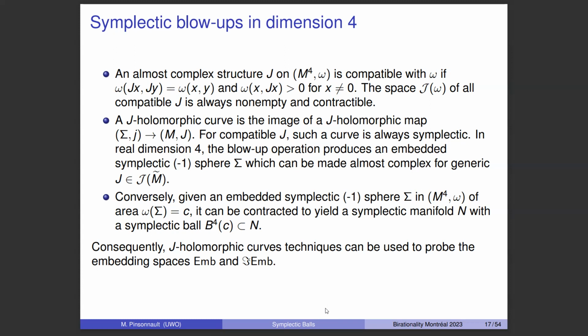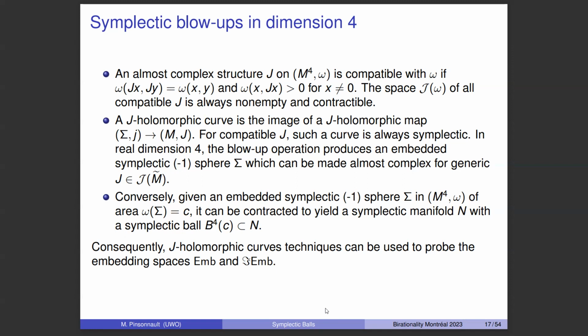So it will persist under deformation of almost complex structures. And you can always make a neighborhood of these curves holomorphic with respect to a compatible J. And then you can blow them down by the Castelnuovo criterion. So you have a very well-defined notion of -1 curve, and all these curves essentially can be blown down, which is not the case in higher dimensions.